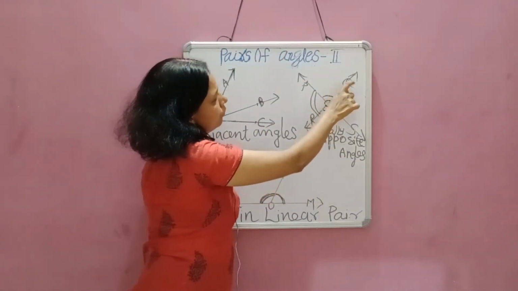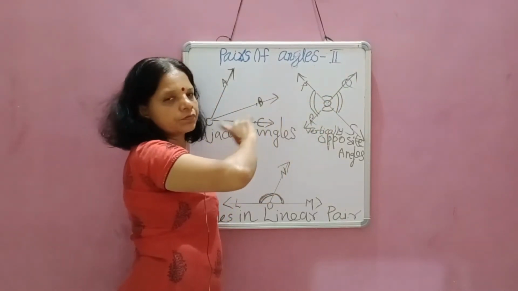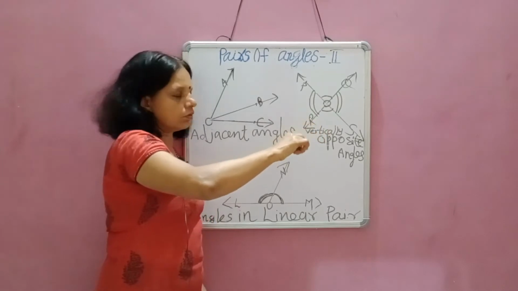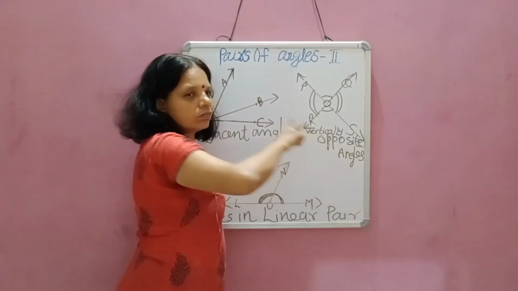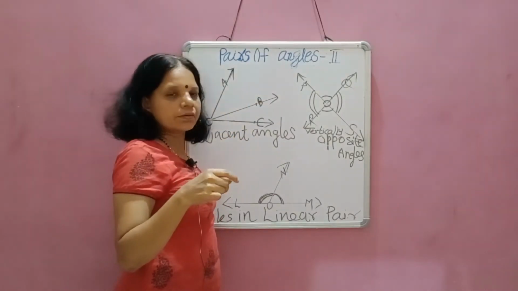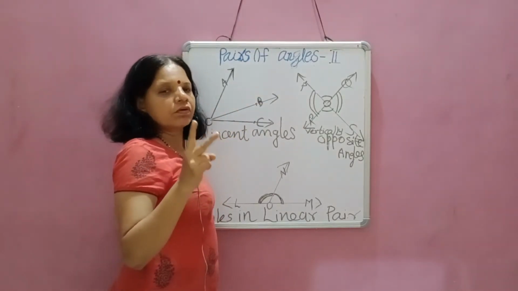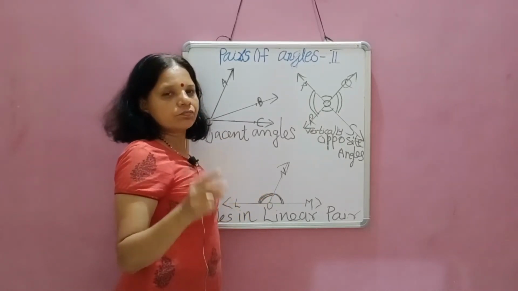Similarly, OQ and OR are opposite rays. So understood pairs of opposite angles. How many pairs are formed when two lines intersect each other? Two pairs of vertically opposite angles are formed.